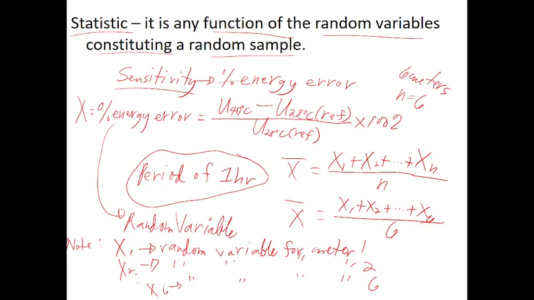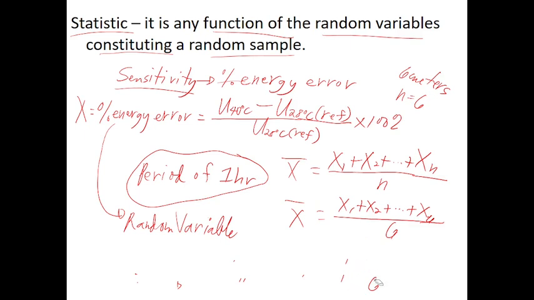Alright, so let me further discuss. Now, this x bar, which is the average of the 6 random variables, is what we call a statistic.